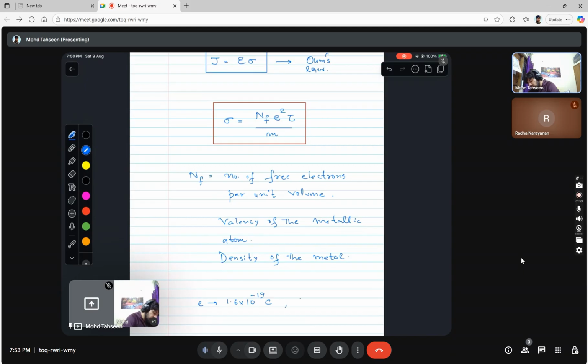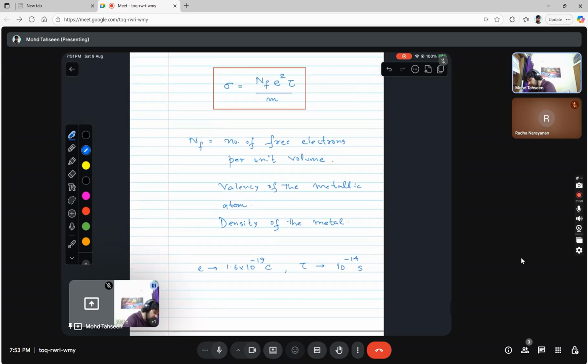And tau, this relaxation time, which is the average time between the collisions, has been measured to be of the order of 10 to the minus 14 seconds. And m here, m_e, is the mass of electron, which is again known. It is equal to 9.1 times 10 to the power minus 31 kgs, right?